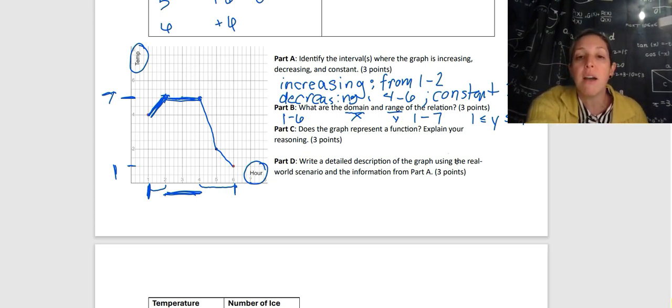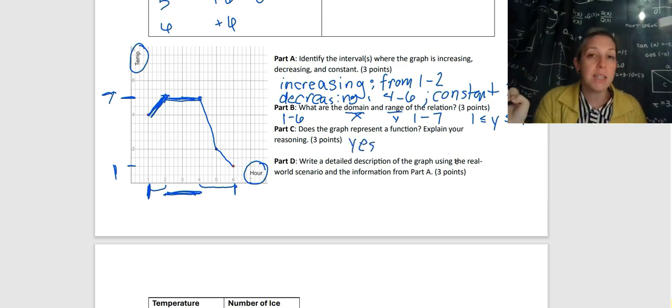Does this represent a function? Yes, even though it's up and down, there's exactly 1 x for every y, 1 y for every x. And then detailed description, tell me what's happening. So this is hours and temperature.